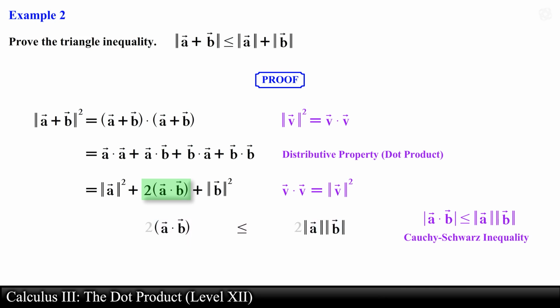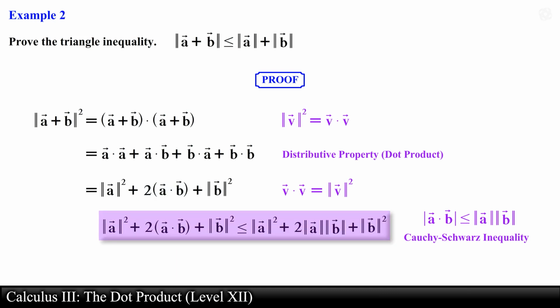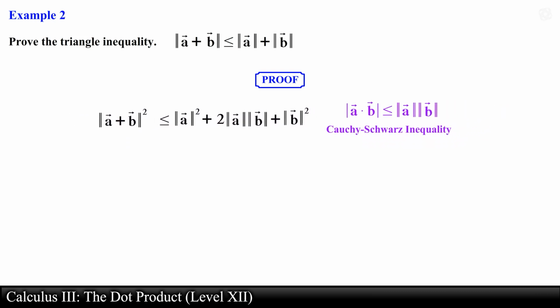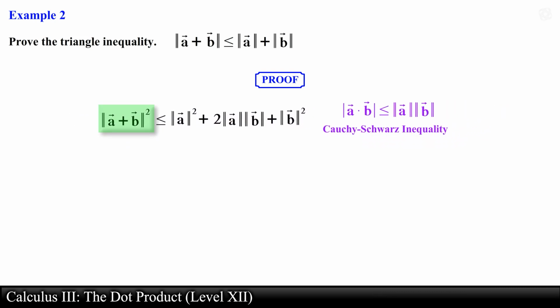So, if we were to multiply both sides of this inequality by 2 and add the magnitude of vector A squared and the magnitude of vector B squared to both sides, we obtain an equivalent inequality. Now we go ahead and replace the left side of the inequality with the magnitude of vector A plus vector B squared. We're almost done.